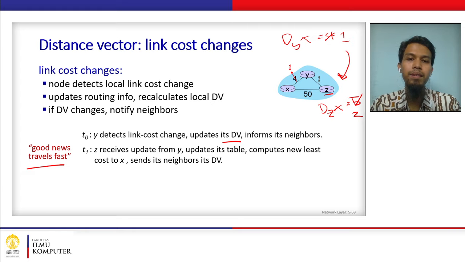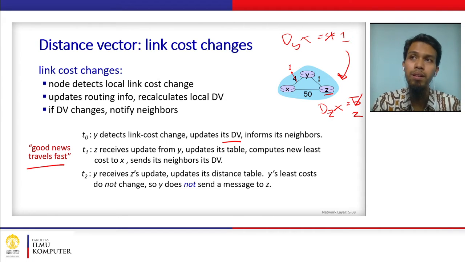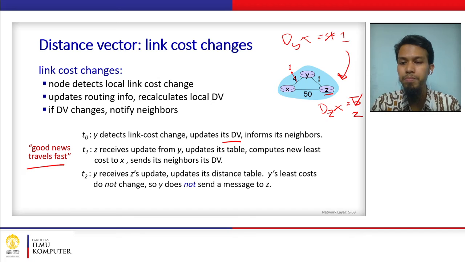And then in the next iteration, Z also updates its own DV to neighbor Y. But since there are no changes in Y's distance factor table, this change stops here. So basically, there are not so many changes in the updates.